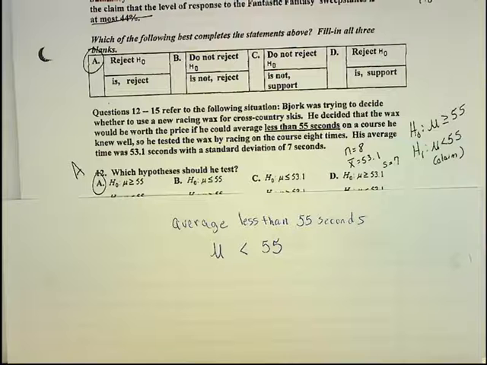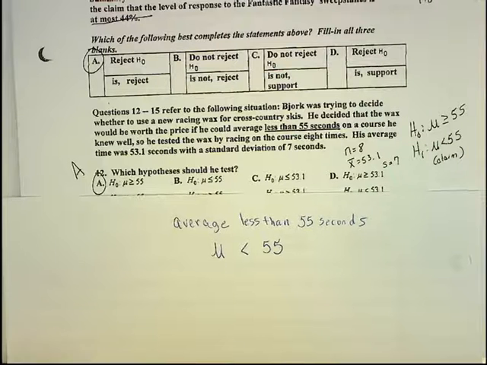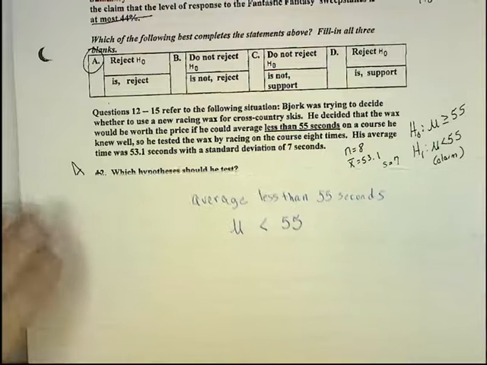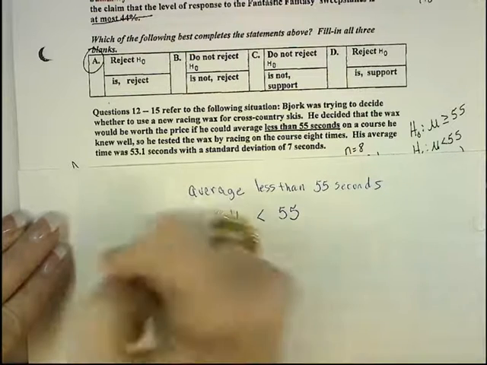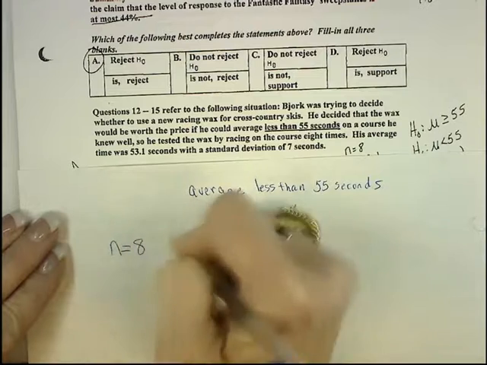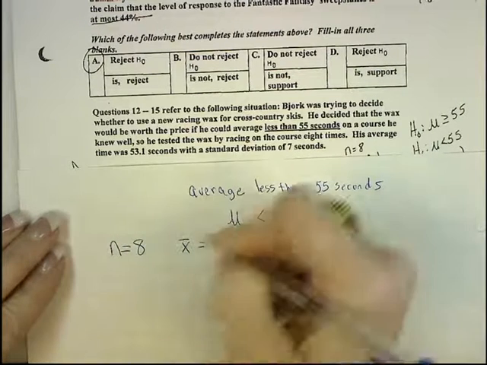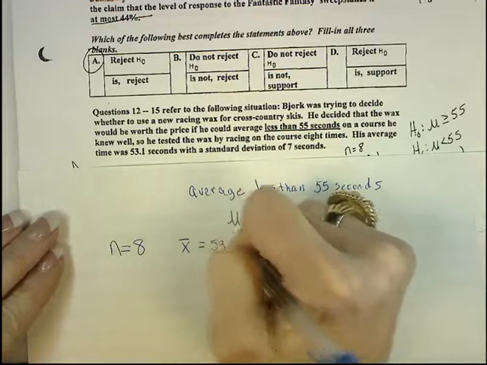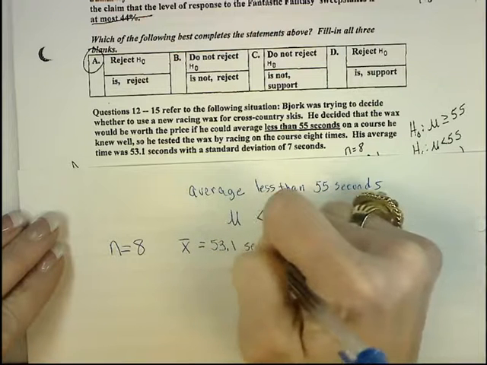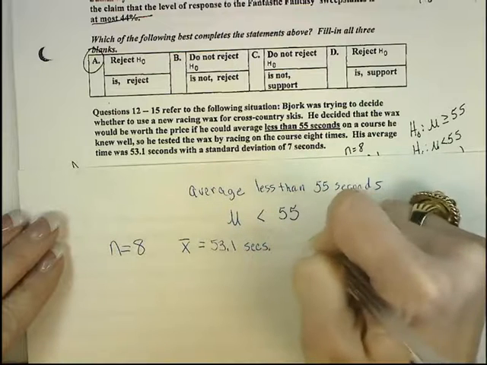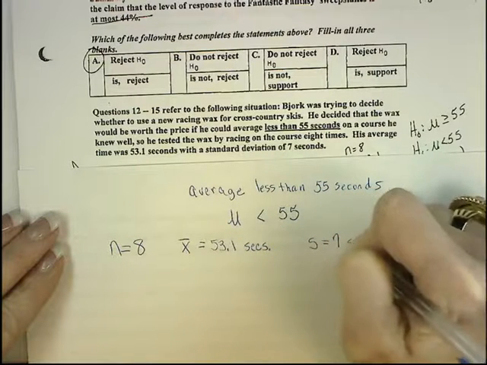In order to test this wax and see if he would like to buy it, he decided to go and race on the course 8 times. And his average time during those 8 races was 53.1 seconds with a standard deviation of 7 seconds.